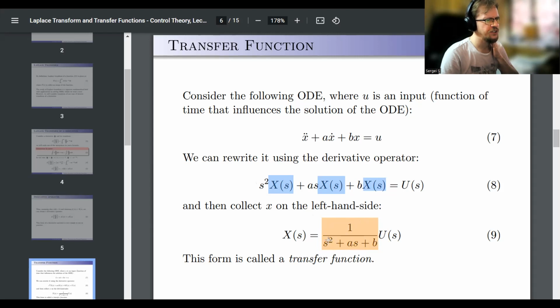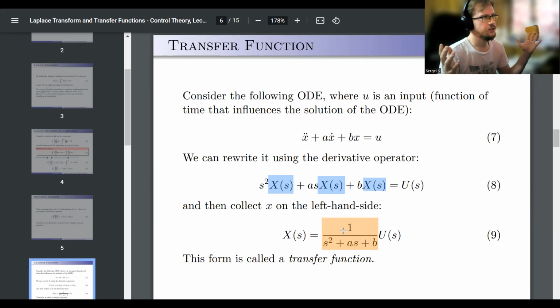It would be like 1 over derivative operator squared plus a times derivative operator plus b. But if you don't want to think of it as Laplace variables, which I understand, and for the longest time I didn't either, you can think of it as just a description, a recipe for making differential equations. This bottom layer is how to distribute derivatives in the differential equation. This upper layer is how to distribute derivatives in the input. So you can think about it as a recipe, but ultimately it is just a mathematical object.